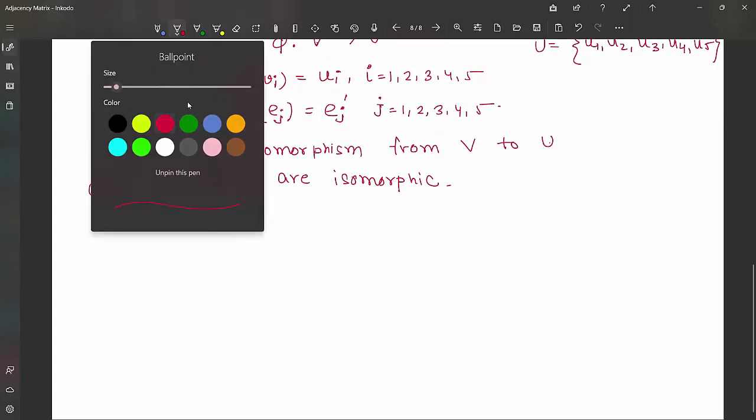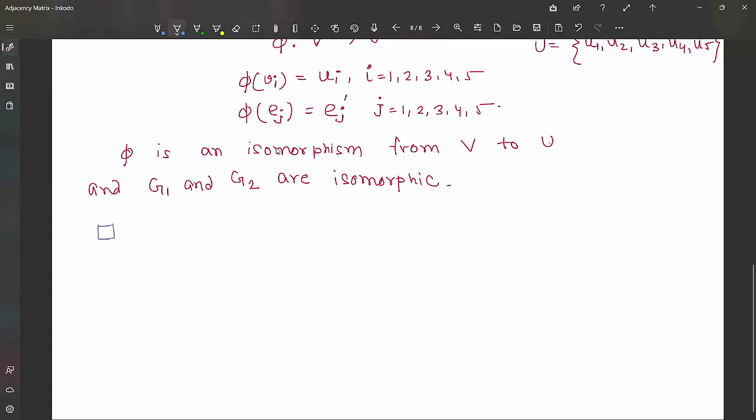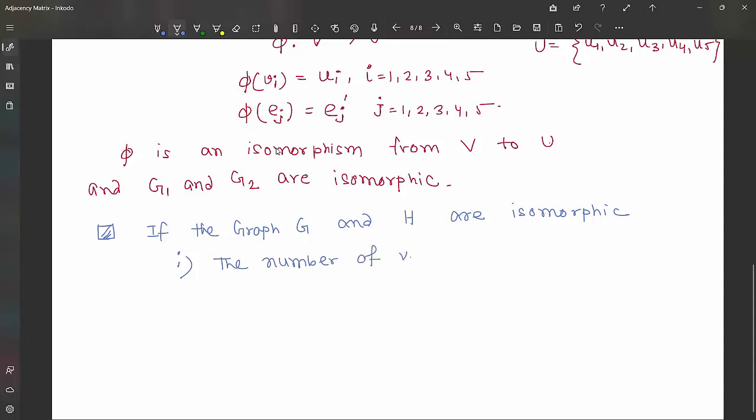Some key observations for checking in this isomorphism topic: if the graphs G and H are isomorphic, then number one, the number of vertices of both graphs will be the same.